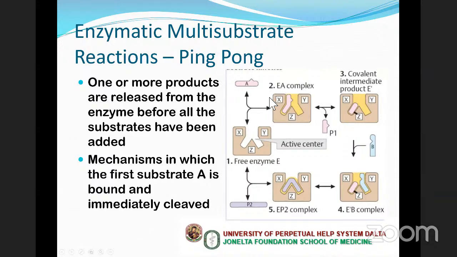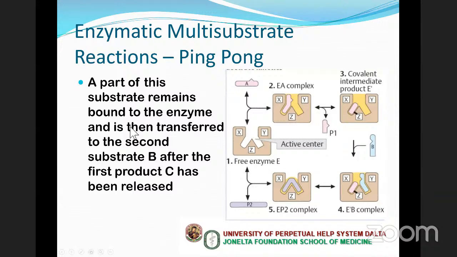Then you have your intermediate product E, which would then form another complex with another substrate. Then it would form another P2 and then goes the cycle. A part of the substrate remains bound to the enzyme and is then transferred to the second substrate after the first product has been released.